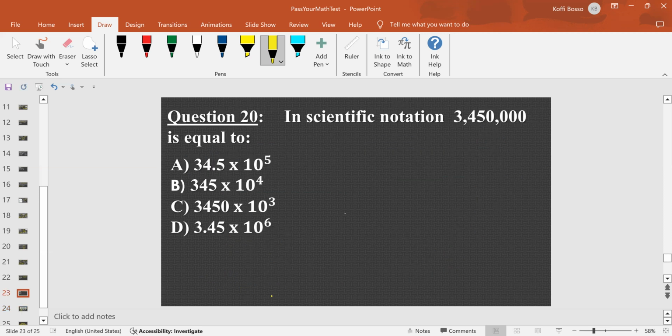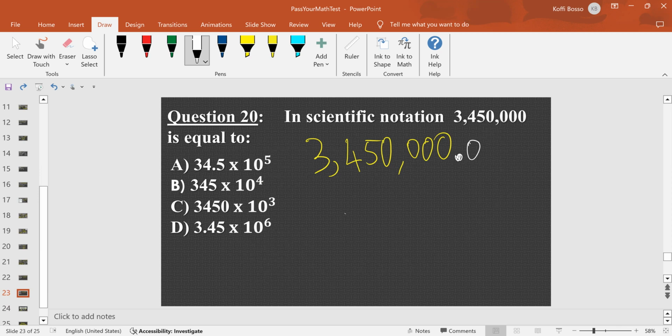Okay, now let's solve the question. So in scientific notation, when you have 3 million, 450,000, and we need this in scientific notation, understand that the decimal is here. If it's money, they will say 0.00 cents. So because the decimal is there, to find that scientific notation, we need to move this decimal 1, 2, 3, 4, 5, 6 units.